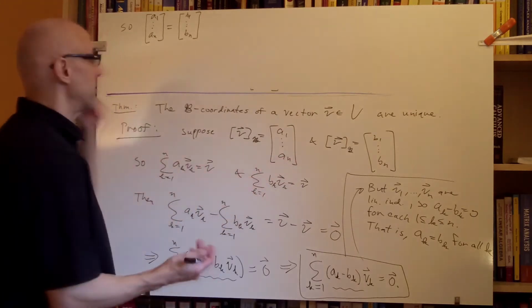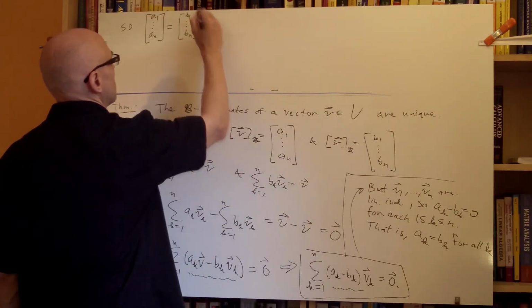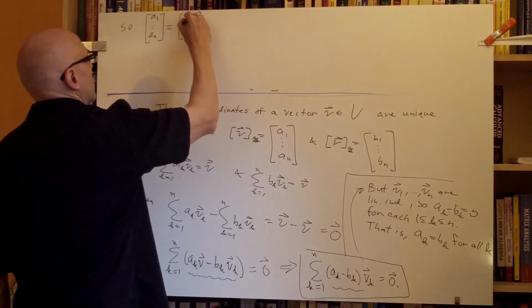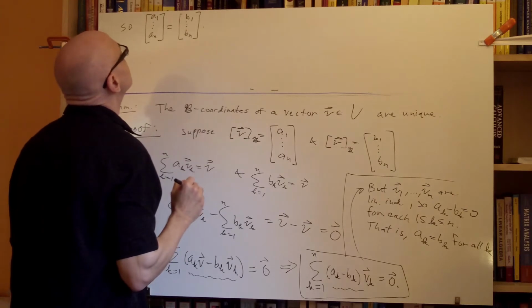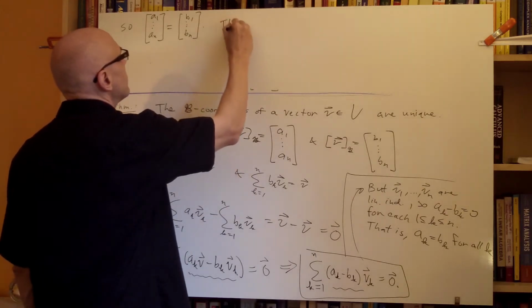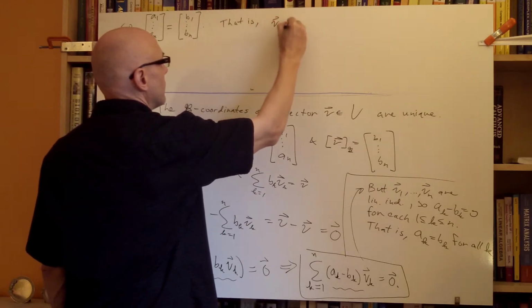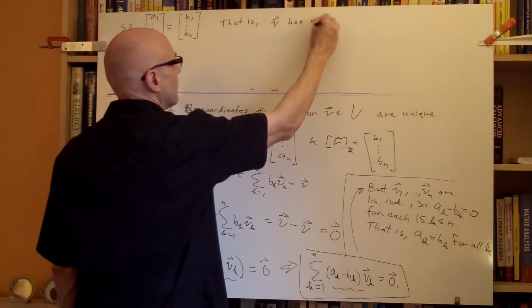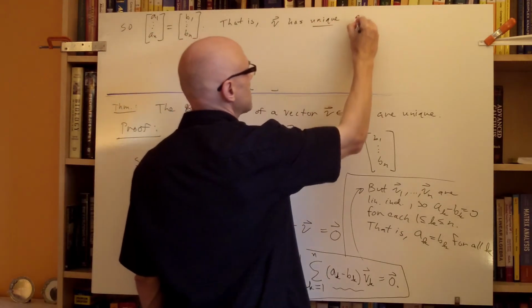They're actually the same set of B coordinates. So the vector v has unique B coordinates.